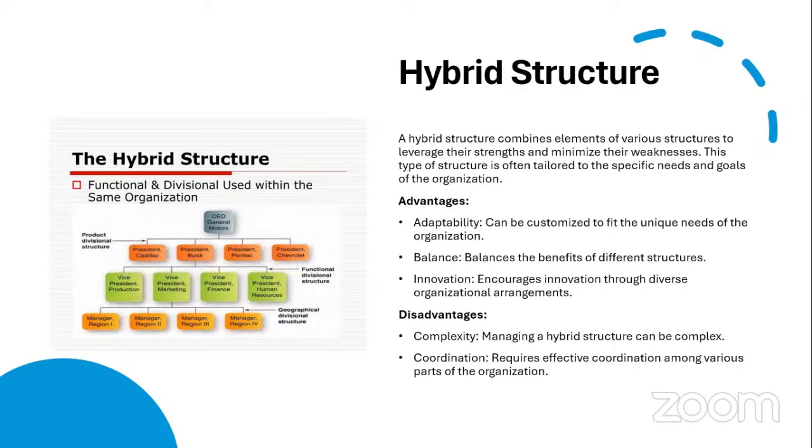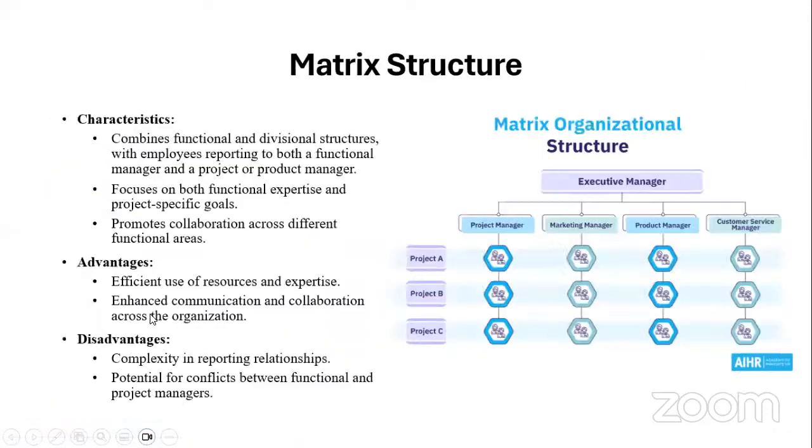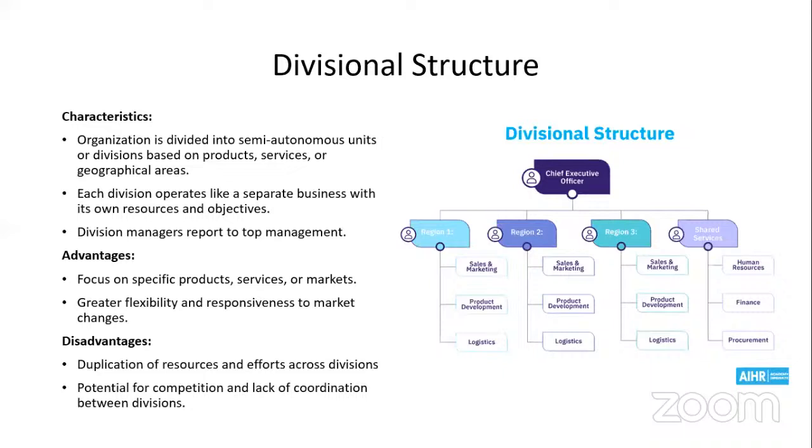Yeah, go ahead. So I'm going to make reference to the Guinness company brand because I worked with them as of last year. For their structure, I would say they mainly work with the divisional structure because we had regions, and they used to operate separately.